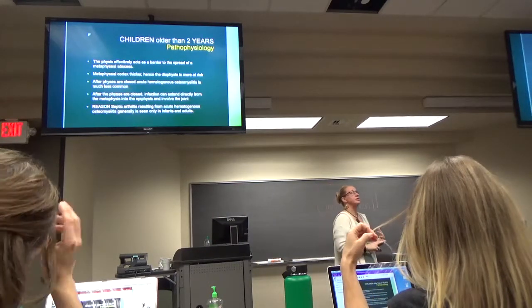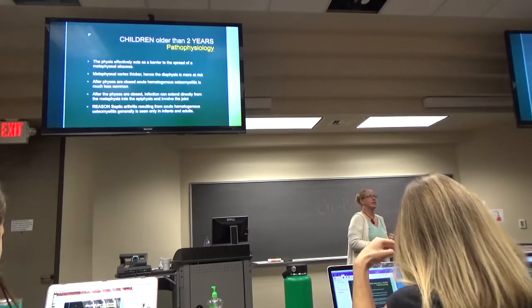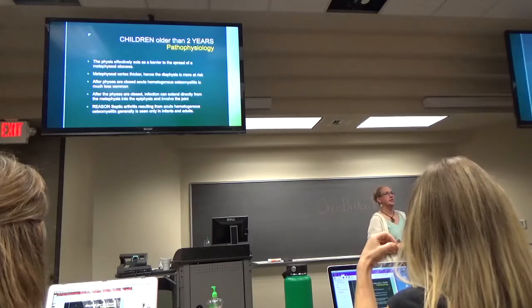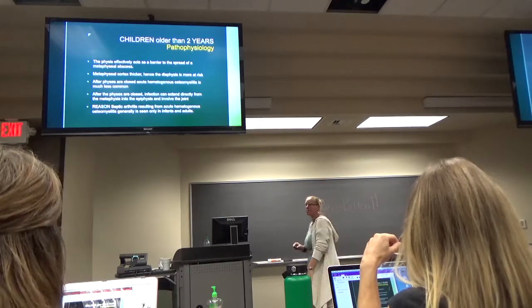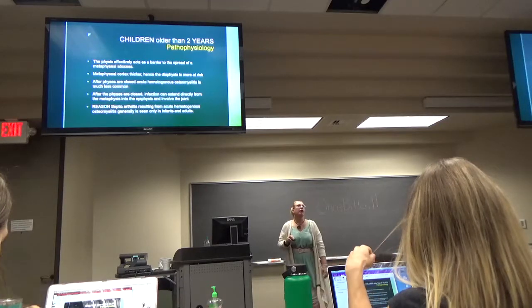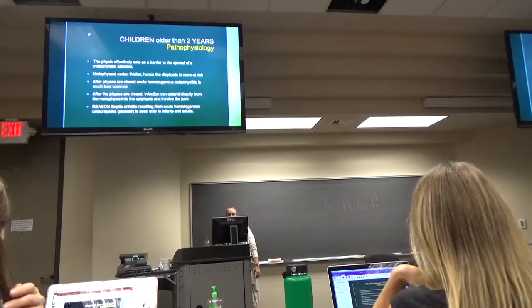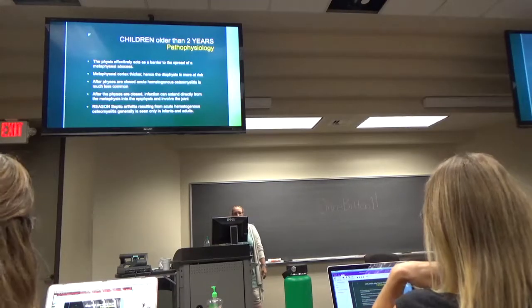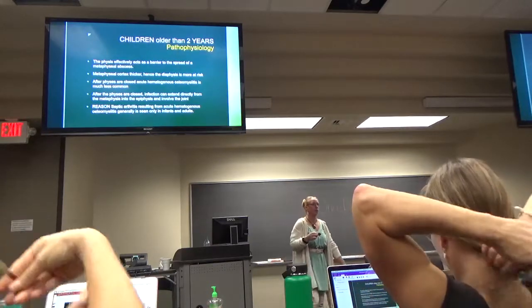Females faster than males. Maybe that's why males are greater affected as well. The physis acts as a barrier to the spread of a metaphyseal abscess. And then that metaphyseal cortex is always thicker. And so therefore the diaphysis is at more risk in that age group.